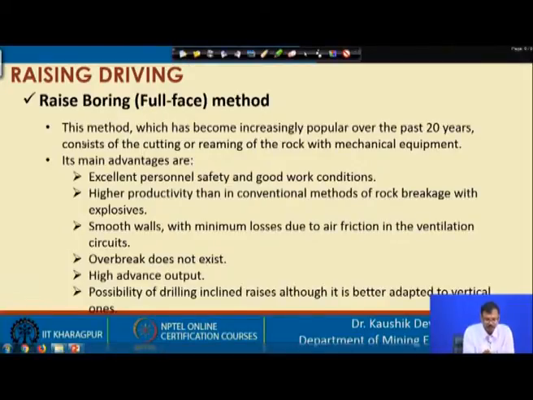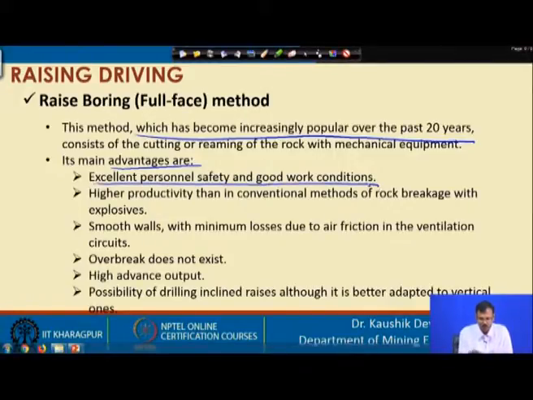So, raise boring has become increasingly popular over the past 20 years, and it has advantages like personal safety, good working condition, higher productivity, smooth walls, that is the damages to the side walls are limited, retaining walls are limited.